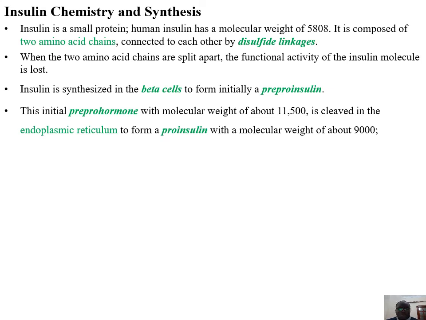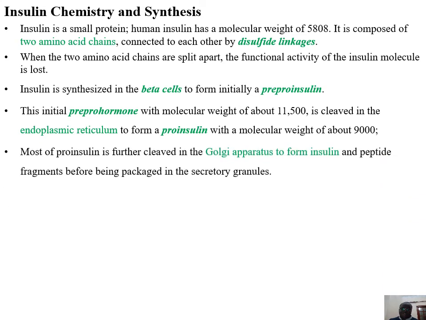This initial pre-pro hormone, with a molecular weight of about 11,500 daltons, is cleaved in the endoplasmic reticulum to form pro-insulin, with a molecular weight of about 9,000 daltons. The pro-insulin is then packaged into vesicles and transported to the Golgi apparatus.